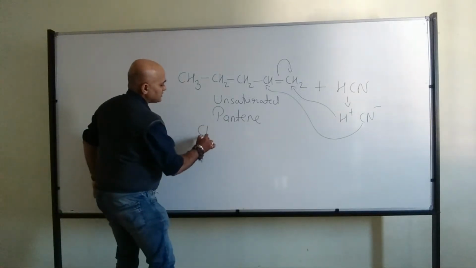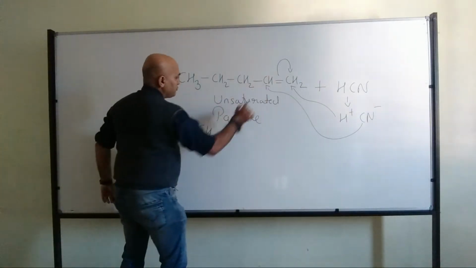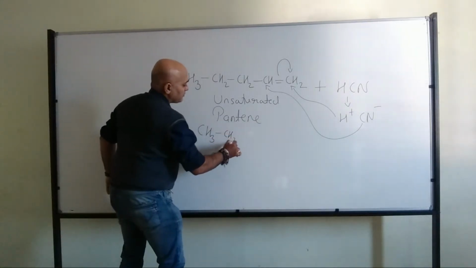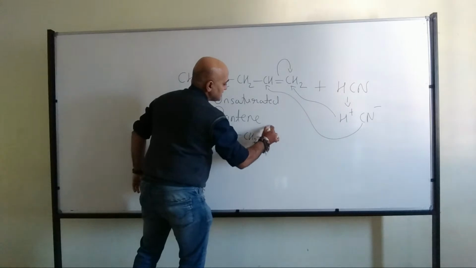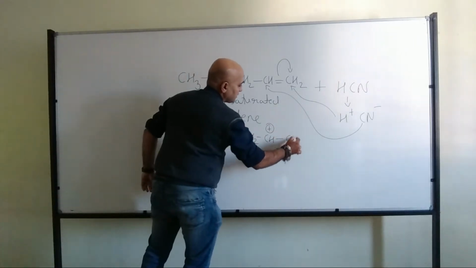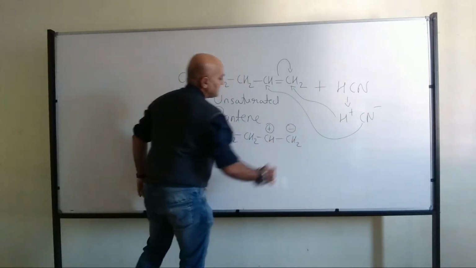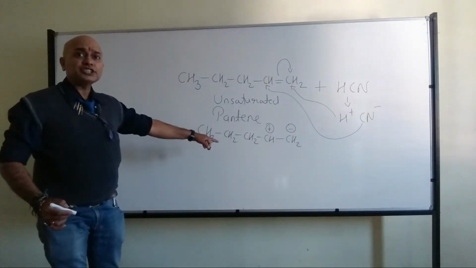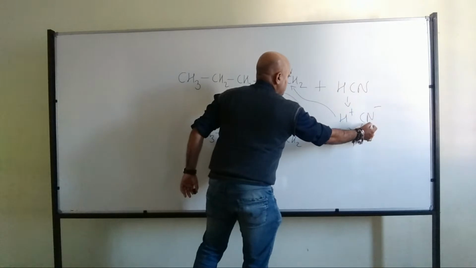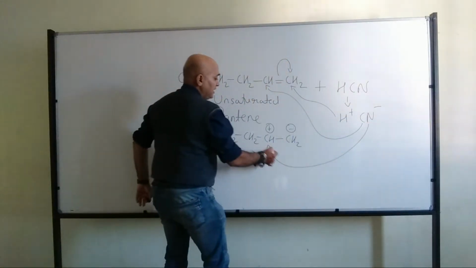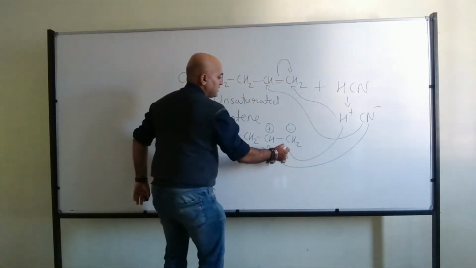So that's where, due to this displacement, due to this electromerism, we are going to have the intermediate as CH plus, CH2 minus. This is the reaction intermediate. So therefore, the negative nucleophile will go here and the electrophile will come here.